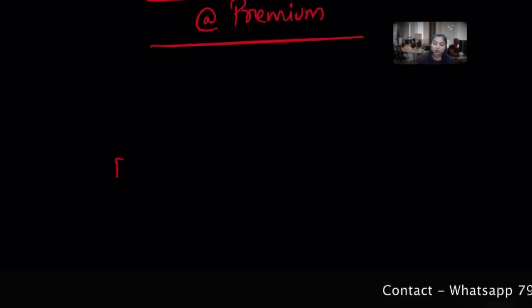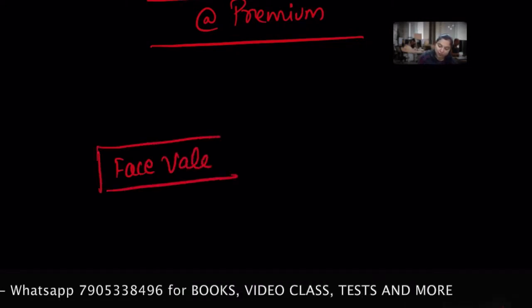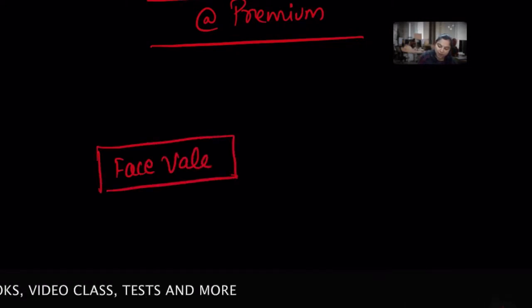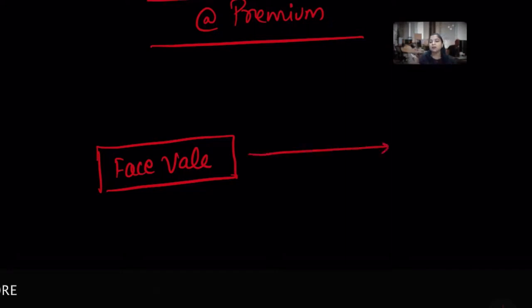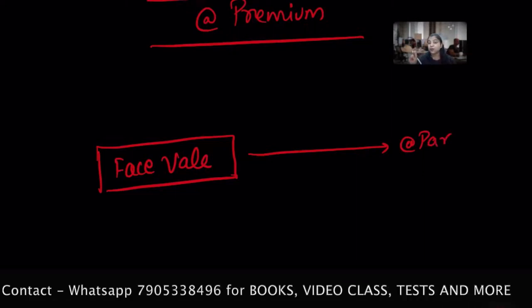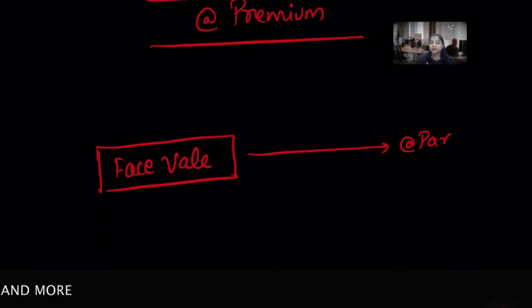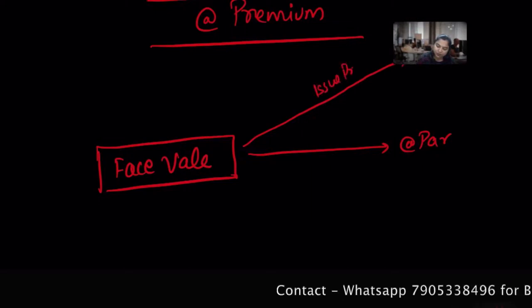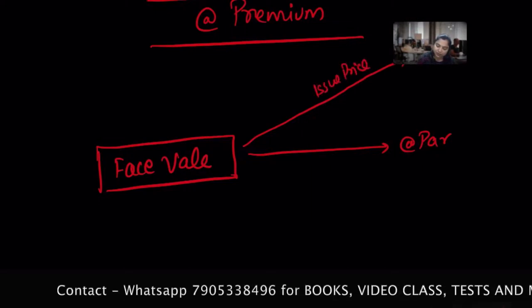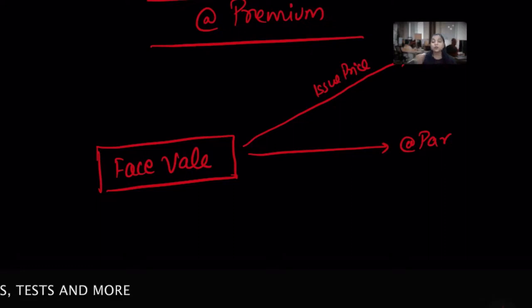So give me a moment to draw a diagram so I can help you understand more precisely what the premium is. We have a face value. In the case of par, the company is issuing at face value, that means the issue price is equal to the face value. But what if the issue price is above the face value? This is the issue price, and it is going up.